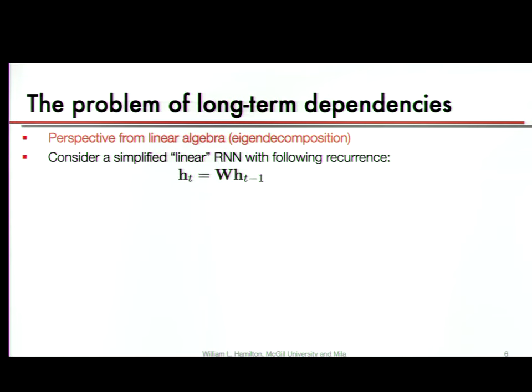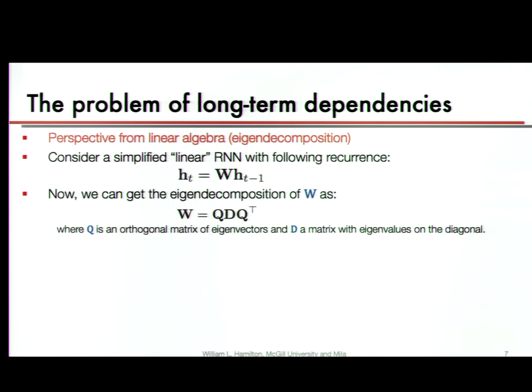There's no input, there's no nonlinearities. Now, from standard calculus or algebra, we can compute the eigendecomposition of this. So we can represent this W matrix as an orthogonal matrix times a diagonal matrix of eigenvalues times an orthogonal matrix.